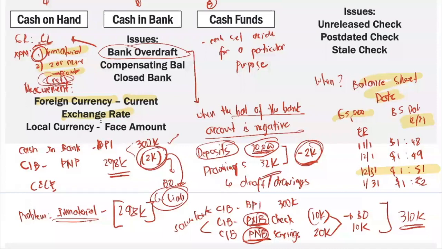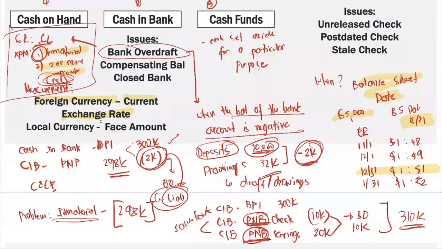And another exemption, if you have two or more accounts on the same bank, then you can net it. So in our example, we have PNB and PNB, same bank, you can net it. So that is your bank overdraft. Take note that if there's bank overdraft, we follow this rule: current liability, or we net it if it is immaterial or there are two or more accounts.